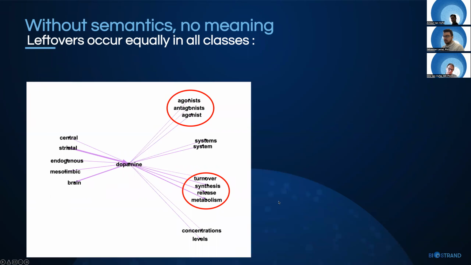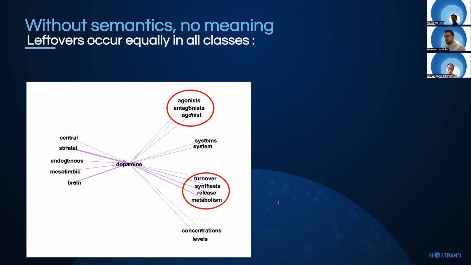Here is another example, looking back at word groups that contain the word dopamine. For instance, you have central dopamine or mesolimbic dopamine. That's one word group. On the other hand, you have dopamine agonist or dopamine antagonist, and so on. Those are different word groups. What you see is that this BioBERT model assigns all of them to the same semantic class.